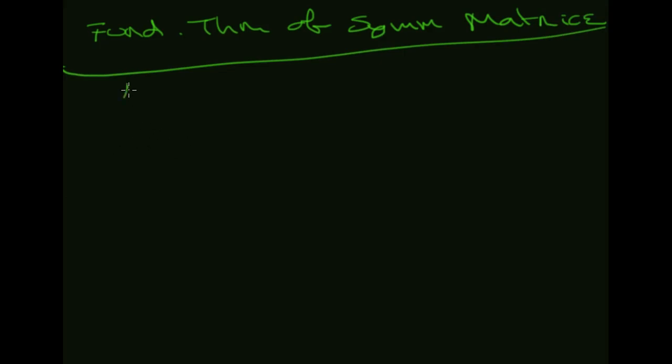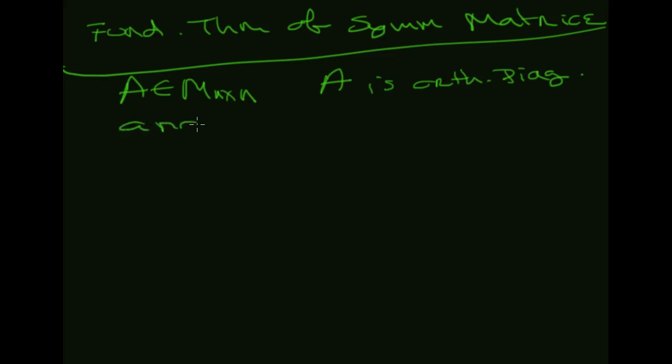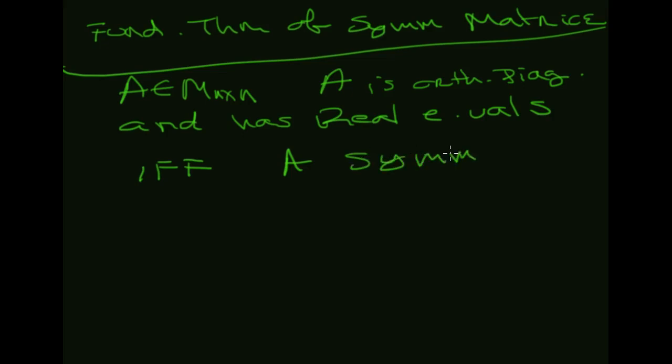It says that if A is n by n, then A is orthogonally diagonalizable and has real eigenvalues if and only if A is symmetric.